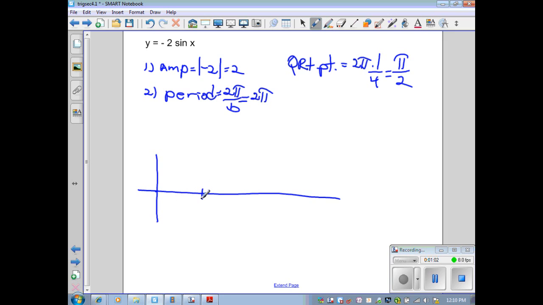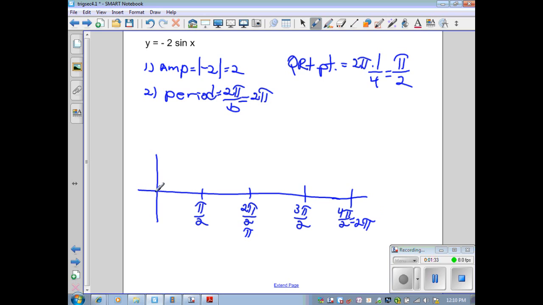Then we're going to count by my quarter point, which is pi over 2, until I get to 2 pi. So pi over 2, 2 pi over 2, or pi, 3 pi over 2, and finally 4 pi over 2, or 2 pi.